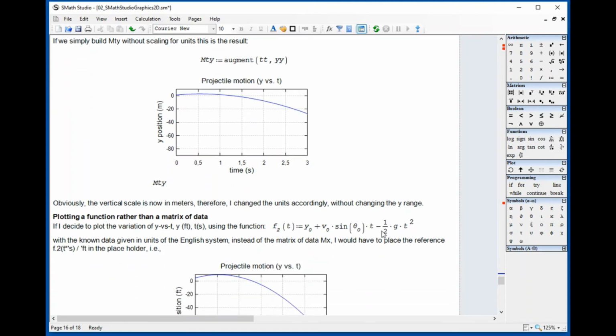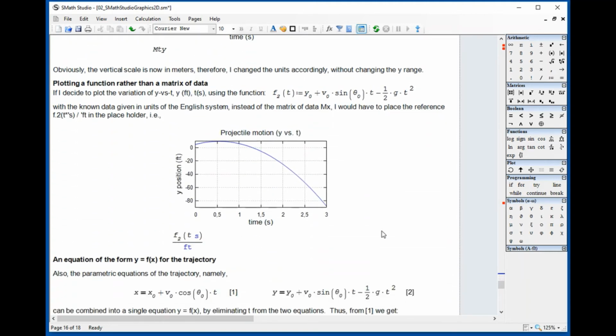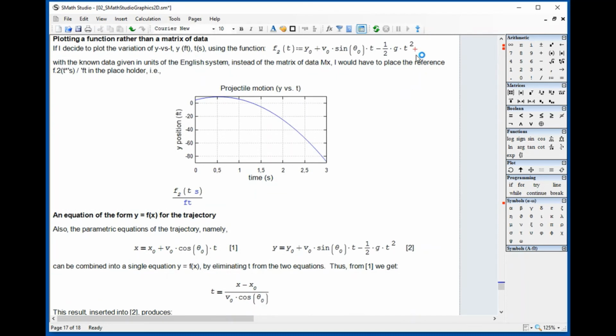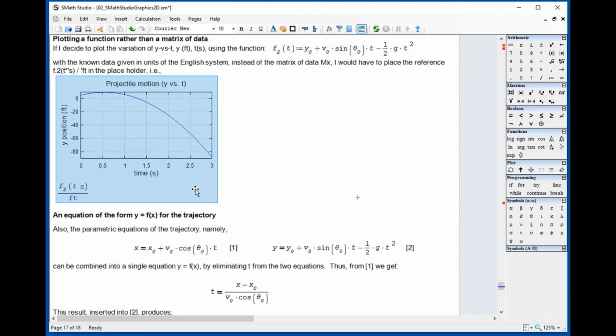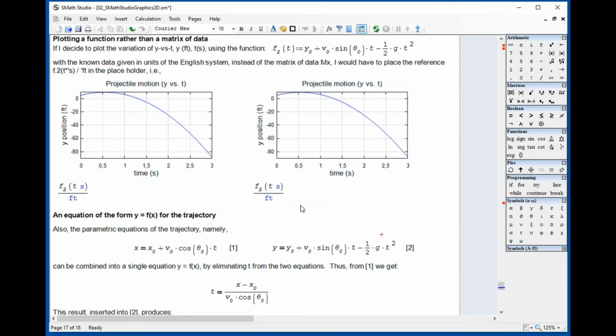Now, suppose that we don't have a matrix, but we have an equation like this one, where it's going to give me the vertical position as a function of time. I could just type F2 of T. I'm going to show you here the steps. I'm going to do Control C, Control V, and delete this here.